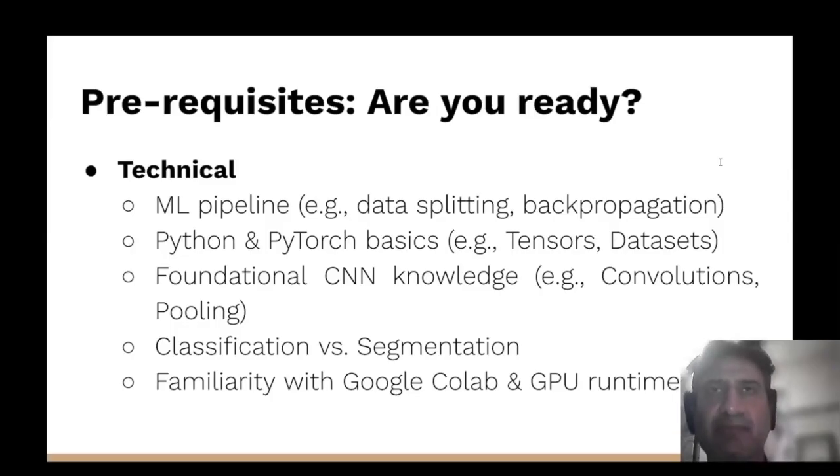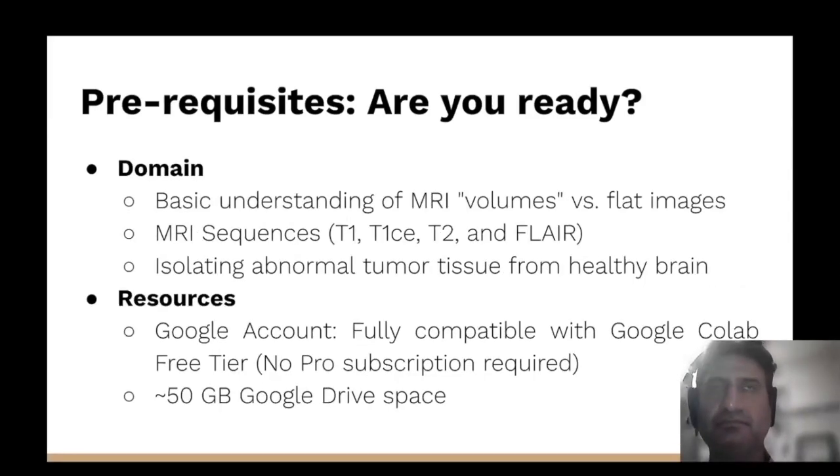Most importantly, remember that today we are not just classifying an entire image, we are performing pixel-wise or voxel-wise classification, where we assign a label to every single point in the 3D volume or a 2D slice. And on the domain side, you don't need to be a radiologist, but you should understand that an MRI provides a 3D volume rather than a flat photo.